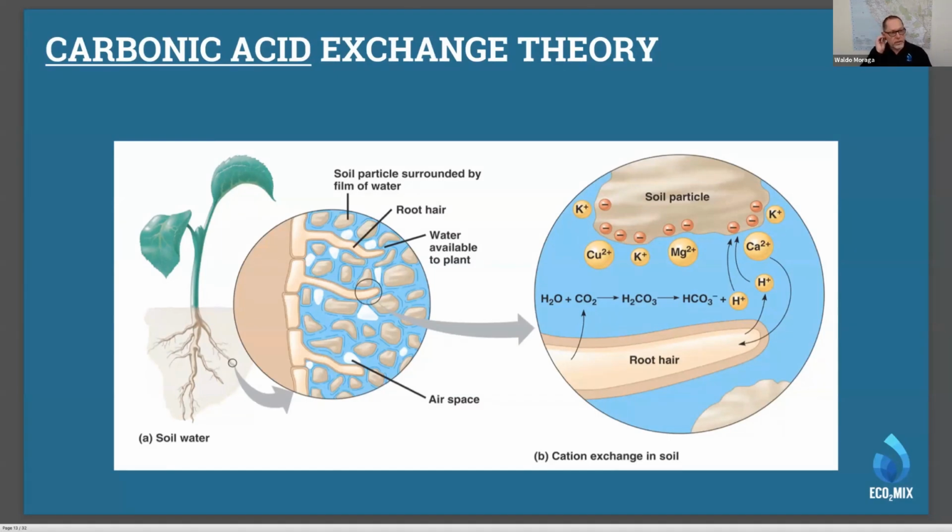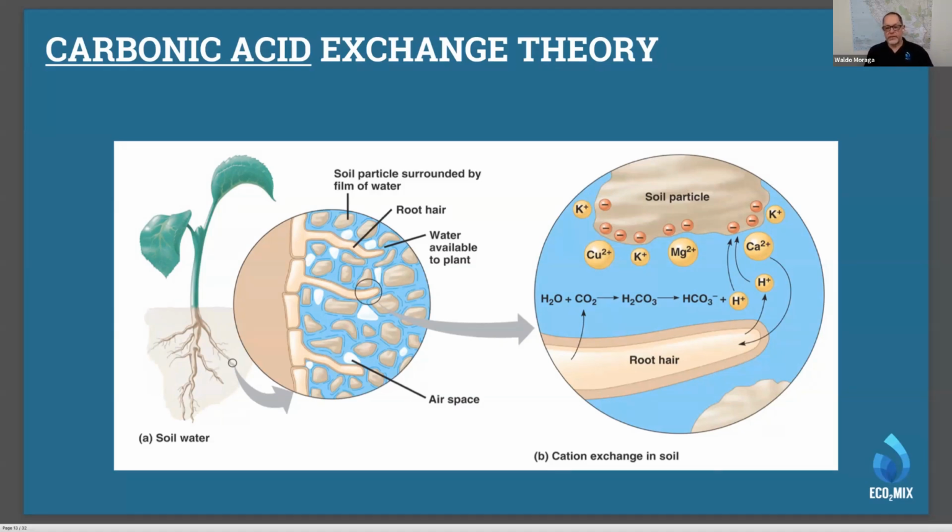Another reason why carbonic acid seems to be more in line with nature is that the roots themselves release carbon dioxide to the rhizosphere. That blends and dissolves with the water that is near the root zone, making carbonic acid near the root zone.